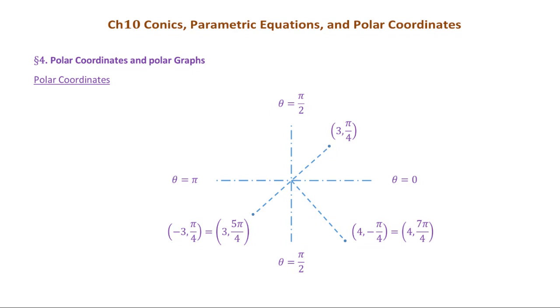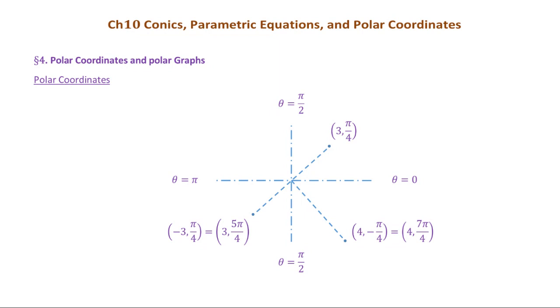But if you start from the polar axis and rotate 7 pi over 4 counterclockwise, you rotate through the first quadrant, then the second quadrant, then the third quadrant, and finally you reach the point in the fourth quadrant.